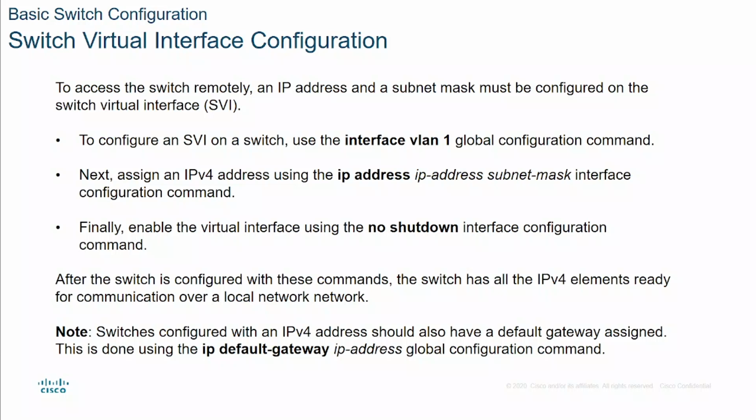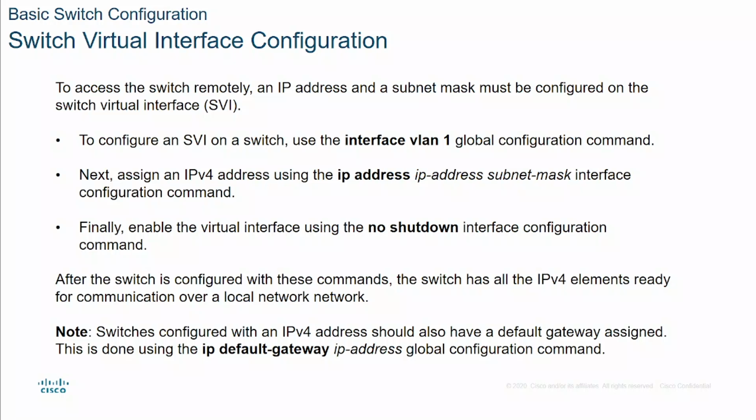Use the interface vlan 1 global configuration command. Once you type interface vlan 1, it takes you to where you configure the virtual interface of the switch.